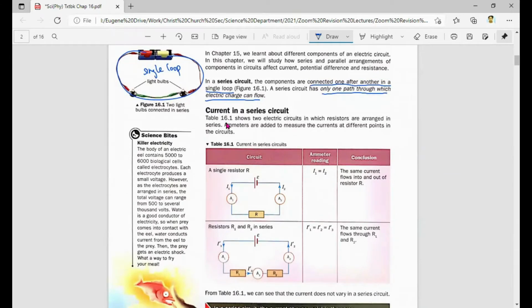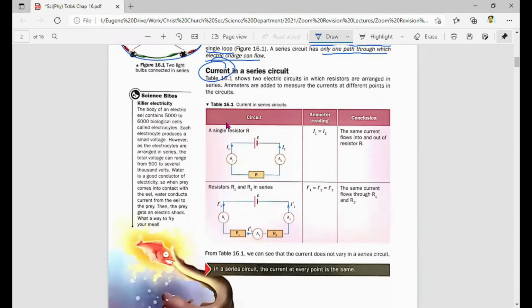So let's go in depth now. Once we know what series is, we're going to go into the current part of it. How does current work in a series circuit? In figure 16.1, it shows two circuits in which the resistors are arranged in series. This one has a single resistor. This one has two resistors in series. Let's look at the single resistor one.